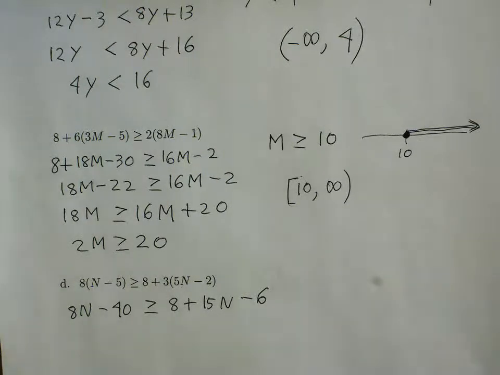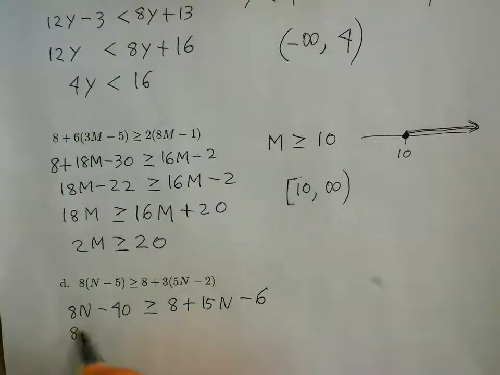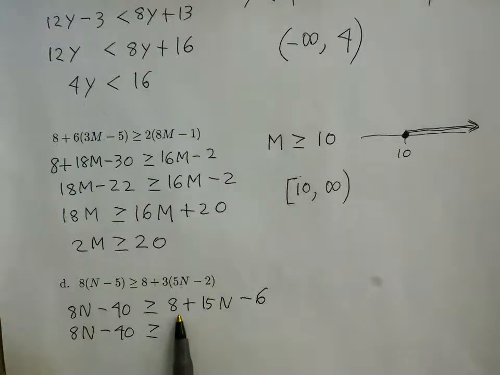Okay, we can simplify on the right-hand side first. So I'll leave the left-hand side the way it is for right now. So 8n minus 40 is greater than or equal to, and we can simplify the 8 minus 6.